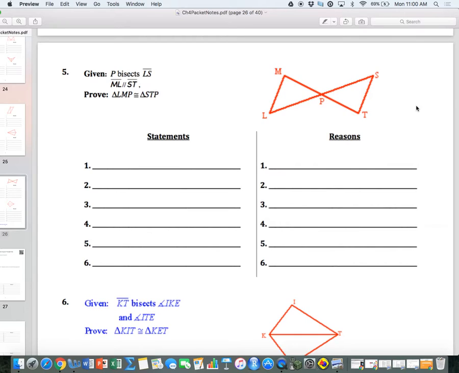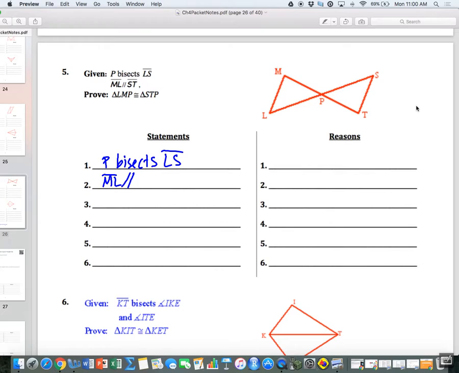Okay, look up here, please. I want to start going over this. The majority of you made a mistake somewhere along the way. Okay, so we have P bisects LS and ML. What's that symbol?